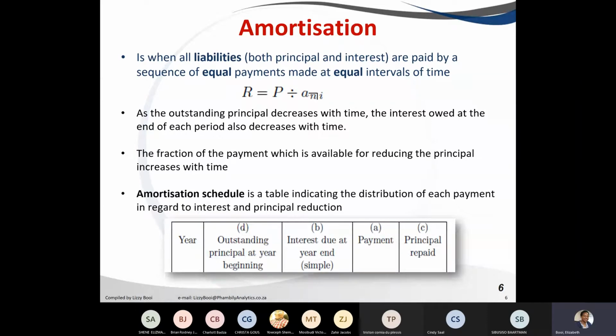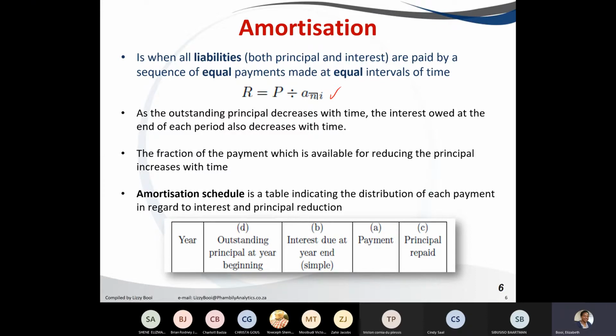We first calculate the payment. We know what the payment looks like with the present value of the annuity. We calculate the payment R. Once we have the payment, we calculate the interest. And the interest is always calculated at simple interest rate, but we need to divide the interest rate by the compounding periods.